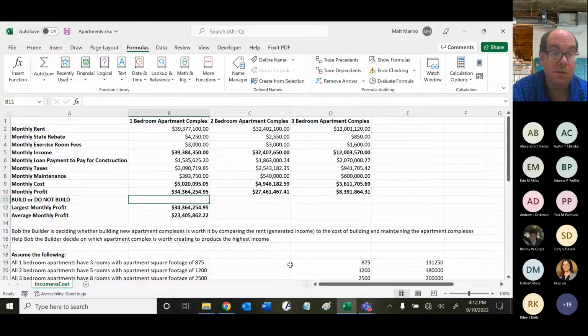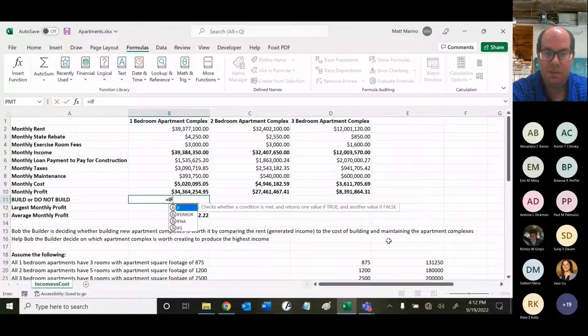All right, so here where it says build or do not build, we need to create an IF function. So in order for us to determine if we want to build or not, we have to see if the profit is going to be greater than the cost. So we do a simple IF function.